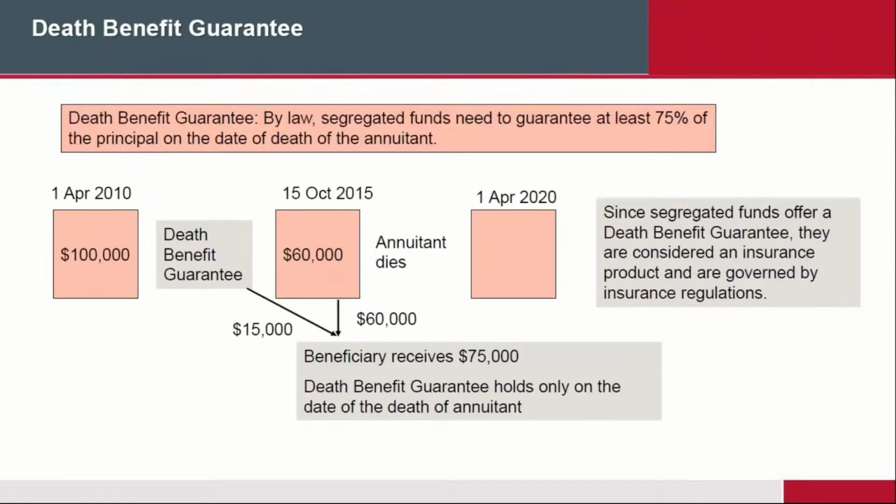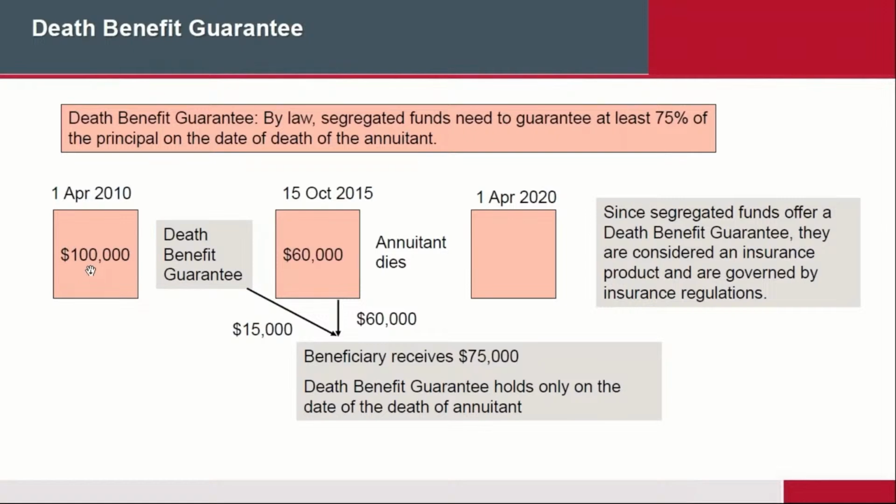Okay. So the other guarantee, of course, is the death benefit guarantee. Okay, the death benefit guarantee. And here, once again, by law, every insurance company that sells segregated funds must give you a 75% death benefit guarantee. So if you died within that 10 years, a worst case scenario is you're going to get 75% of your deposit. So we go back once again to the example.